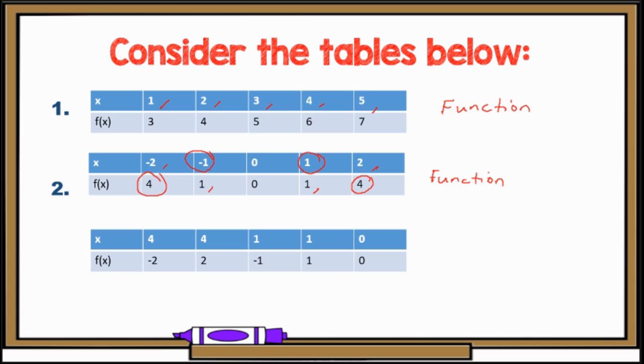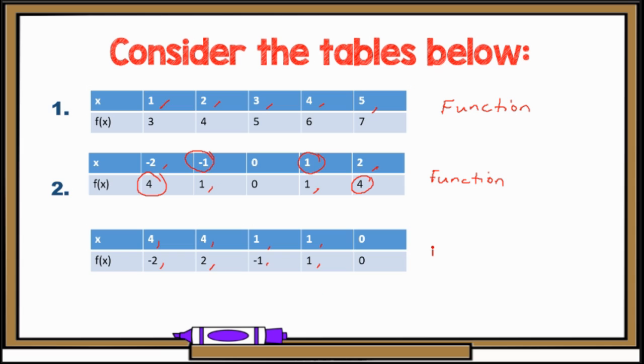If you take notice, 4 is mapped to two different values. Those are negative 2 and 2, while 1 is mapped to two different values, negative 1 and 1. This violates our definition of function.